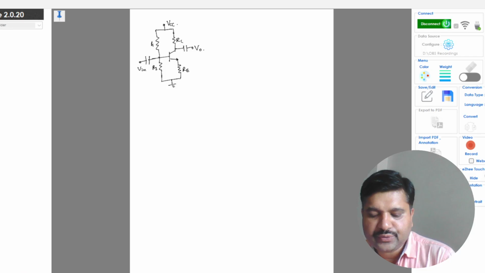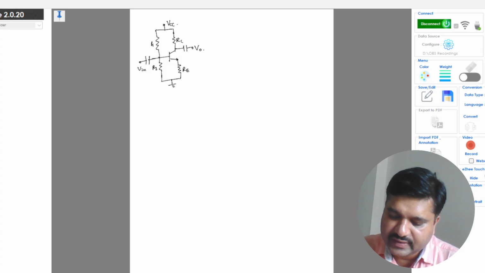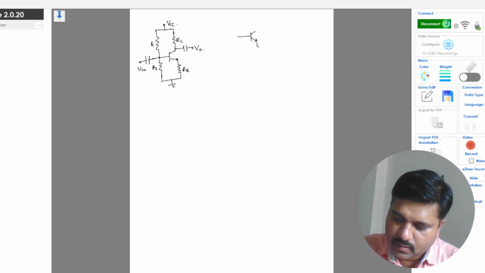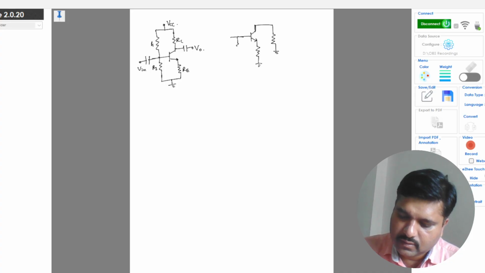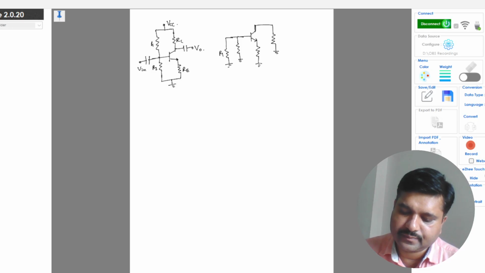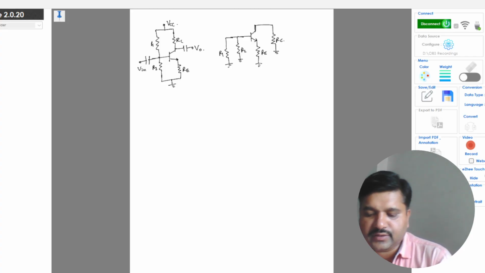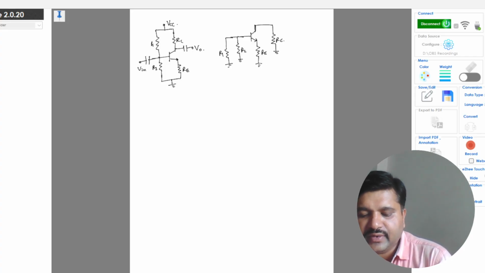So now when you don't have this bypass capacitance, then you cannot neglect this RE. Okay, so the modified circuit will be this, RE will be there. So this RC, this R1 and R2. Right, so this is the modified circuit when we start applying the small signal model.